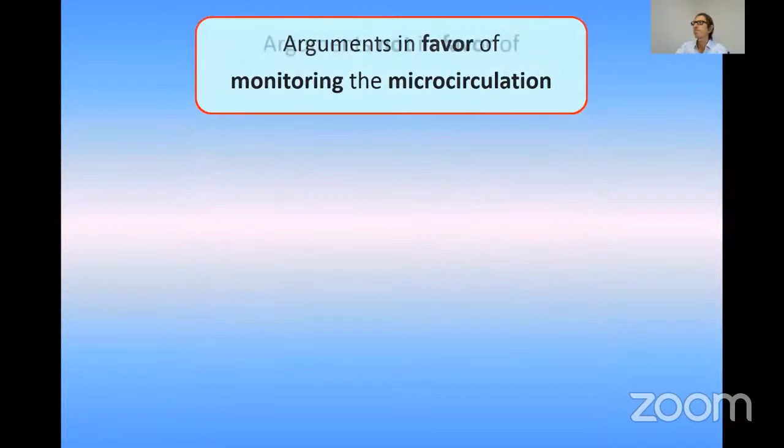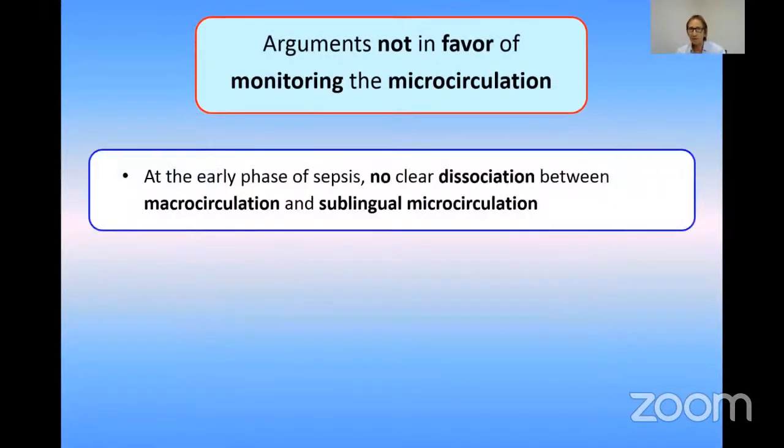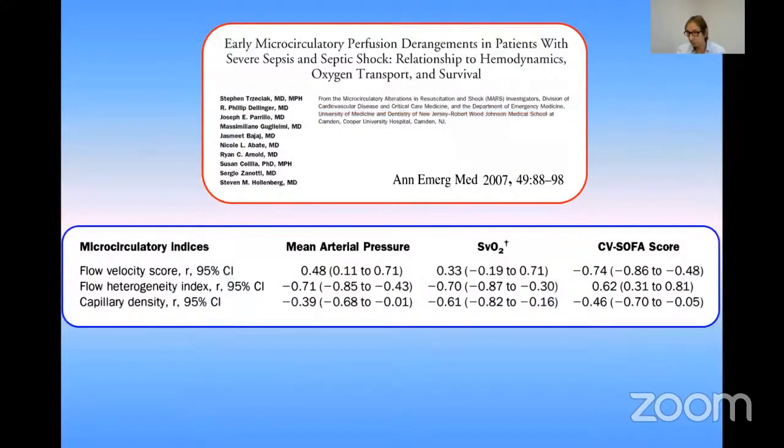What could be the arguments not in favor of monitoring the microcirculation? First, at the early phase of sepsis, there is no clear dissociation between macrocirculation and sublingual microcirculation. And this is well illustrated again by the study I already talked about.